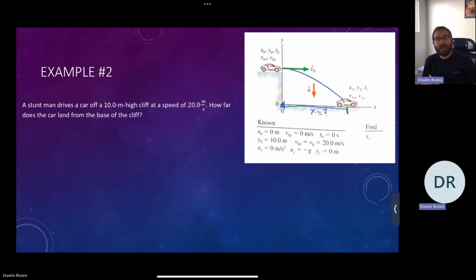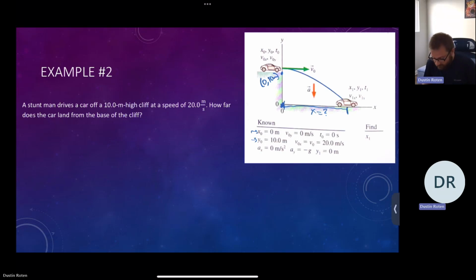So that means our x component starts on the origin. However, our y coordinate is up here. It's 10 meters in the vertical. So that means our initial position is actually 0 horizontally and 10 meters vertically. And we have that represented right here.